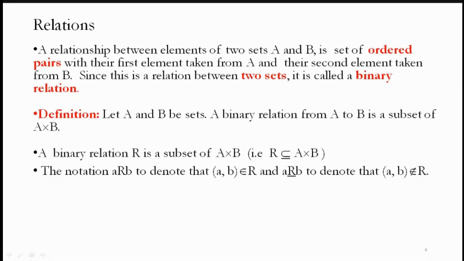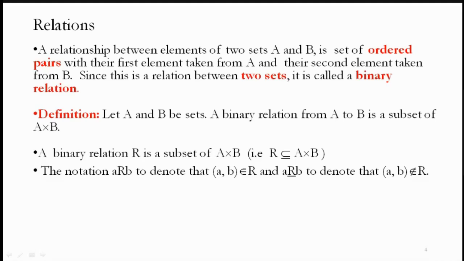Whatever the Cartesian product of A cross B that you get, some of the pairs will belong to the relation R. In such cases, we'll say that R is a subset of A cross B.